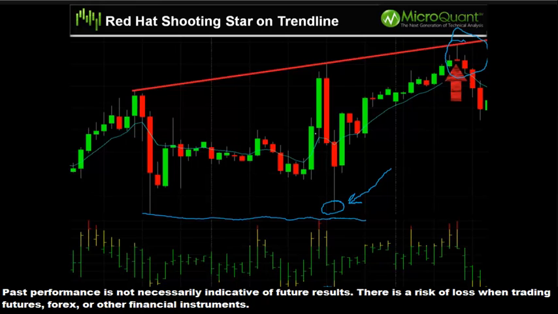Are value candlesticks different than regular candles? The difference between a value candlestick and a normal candle, for example between a red hat shooting star and a shooting star candle, is that we add several different filters. We've put in value-based filters, so it has to meet a specific value requirement.